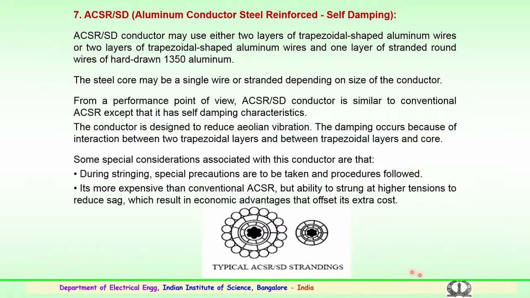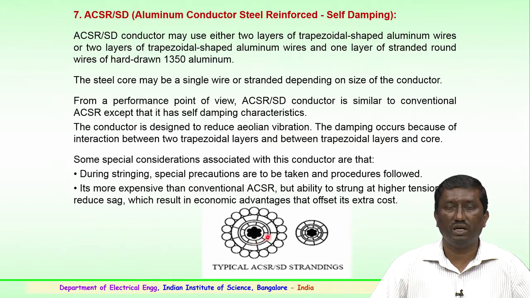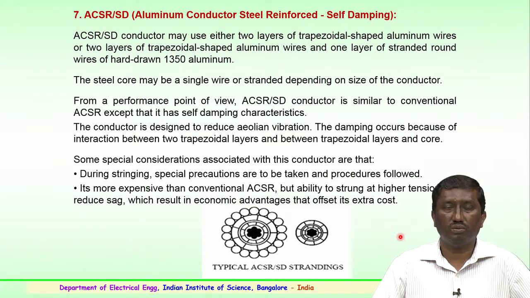The steel core which is in the middle may be a single wire or stranded. So, this could be single or stranded like 1, 7 and so on, depending upon the size of the overall conductor. So, from the performance point of view, that is in the field, the performance matters.